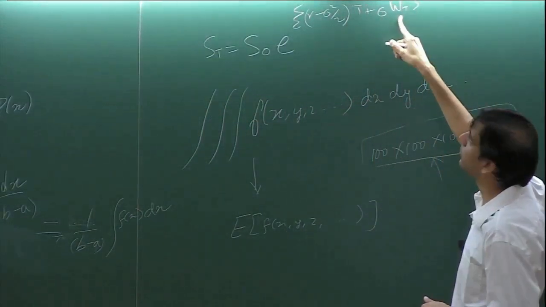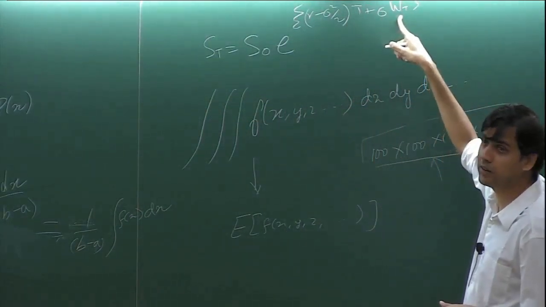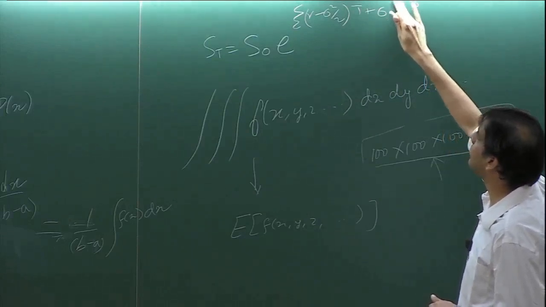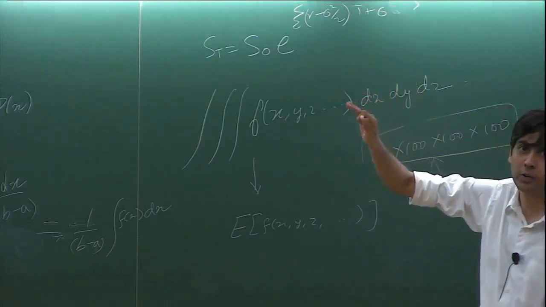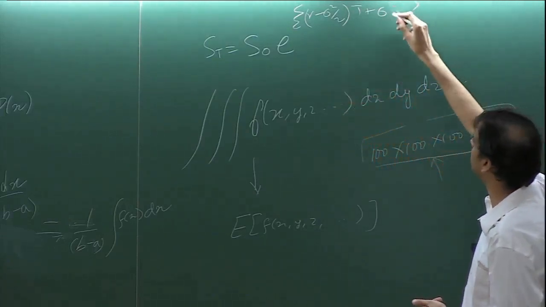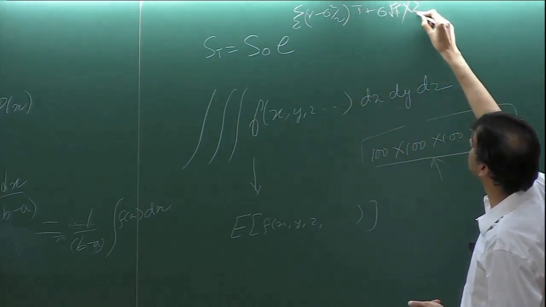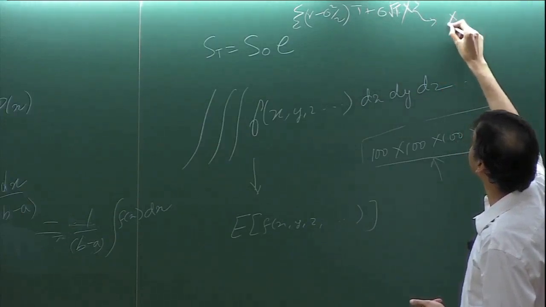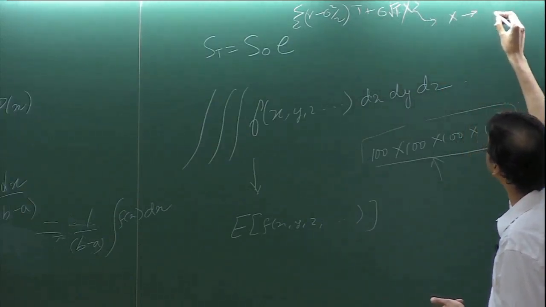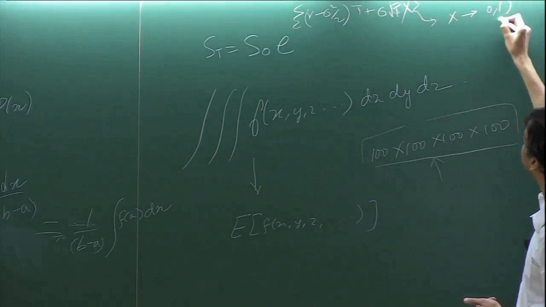And Wt we know is a normal variable with a standard deviation equal to square root of t, and it's centered around this thing. So you can take this as square root of t x, where x is normally distributed with mean 0 and standard deviation 1.